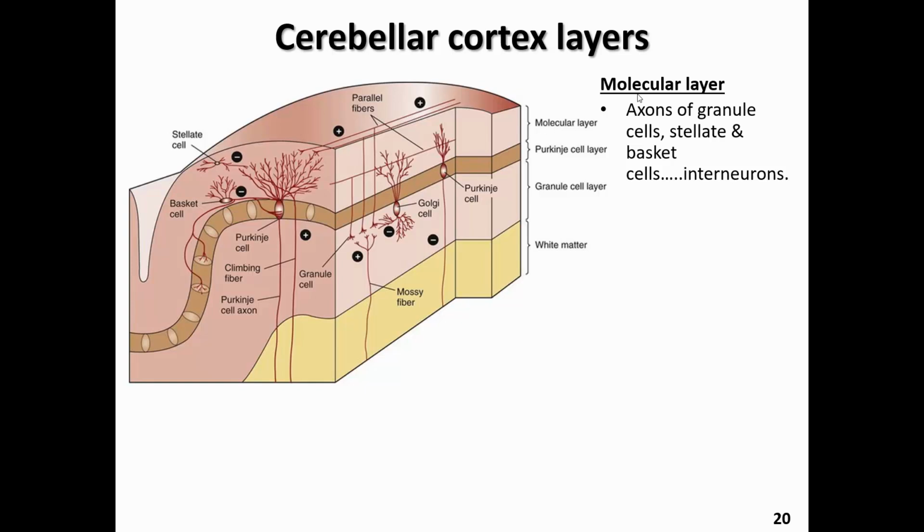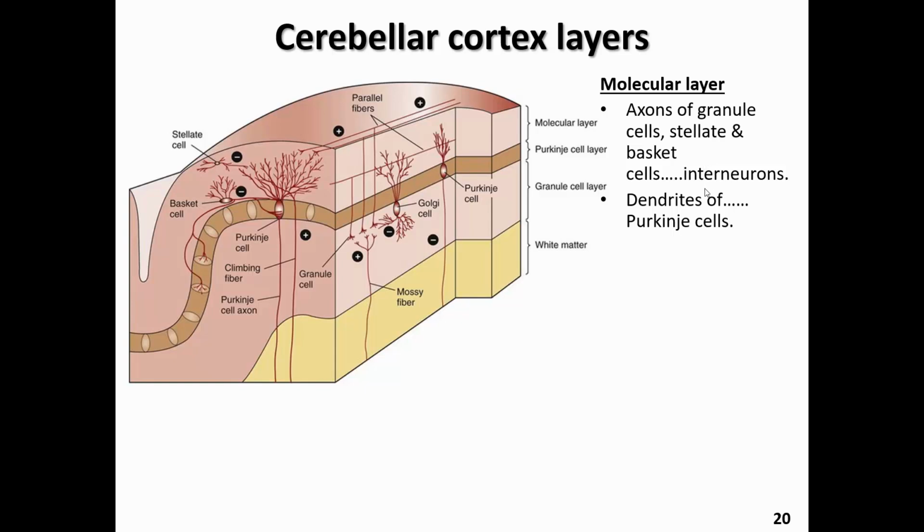And the molecular layer consists of axons. And these are axons that transmit bioelectrical signals from granule cells, stellate cells, and basket cells. These all serve as interneurons inside this most superficial layer of the cerebellar cortex.